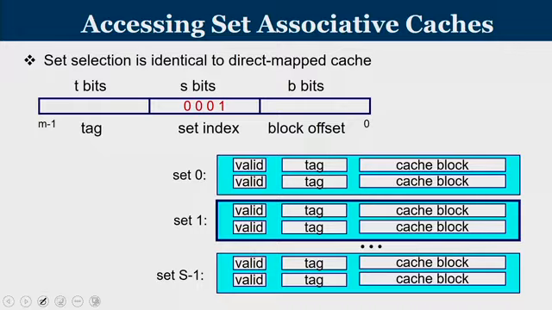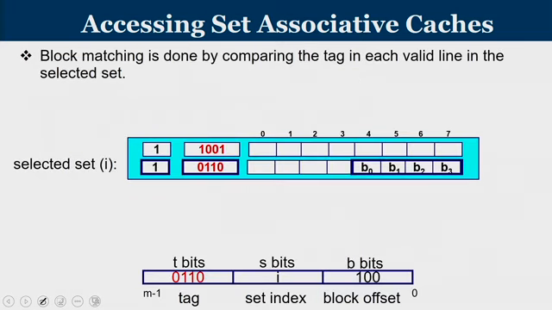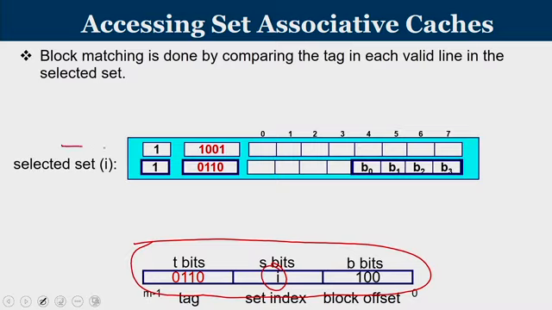Now consider the case where your set index was 0001, and that points to set number 1. Let's say this is the address that has been given, and I have already selected the set. In this set I look whether both lines are valid or not. Yes, both valid bits are 1.